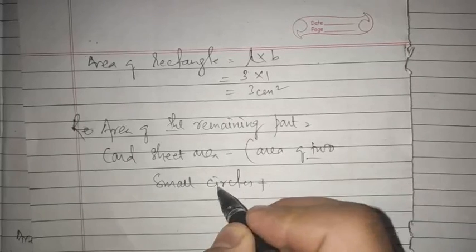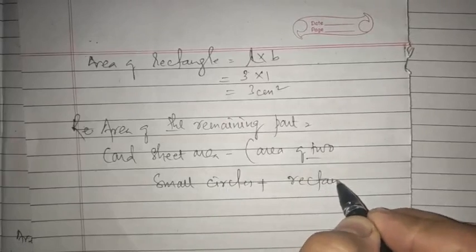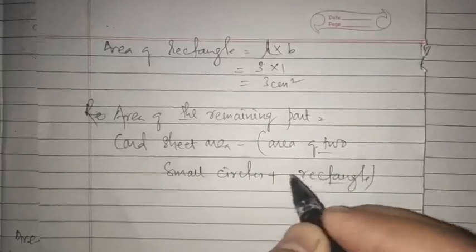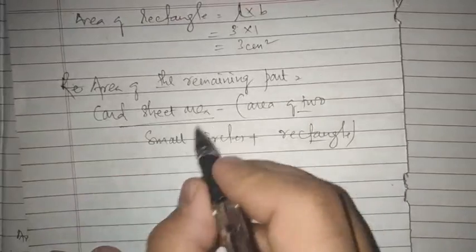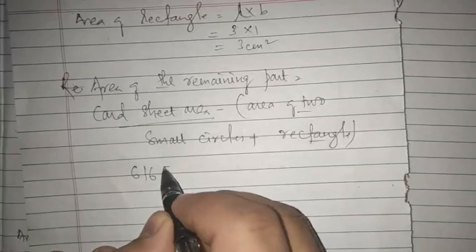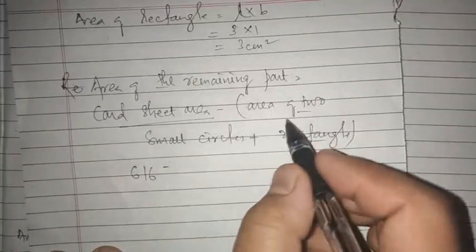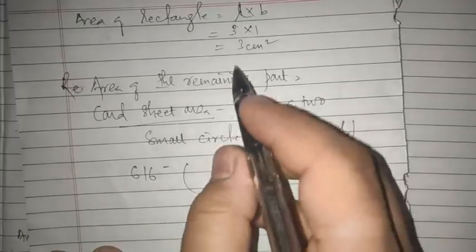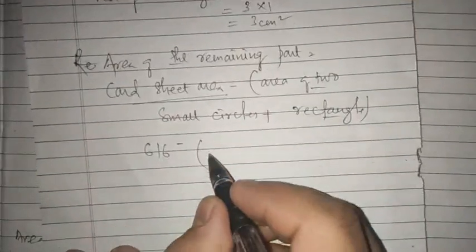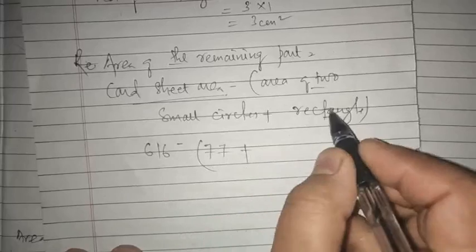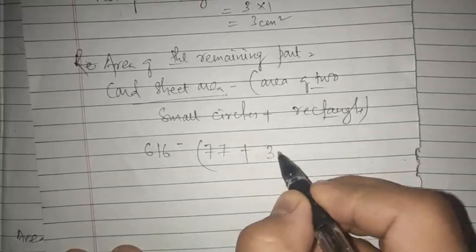There are two small circles plus one rectangle, right? So what was the card sheet area? 616 actual, minus what is the area of the small circle? The area of the small circle was 77, plus what was the area of the rectangle? 3. So 616 minus 77 plus 3 is 80.